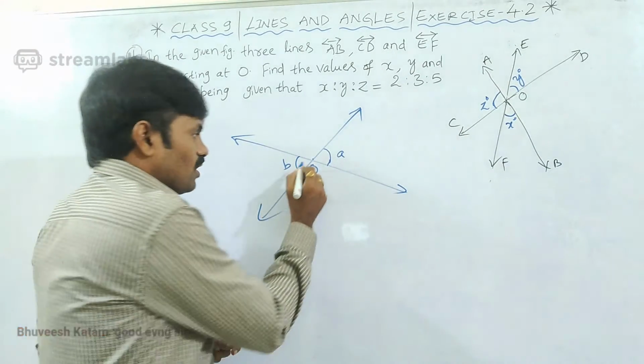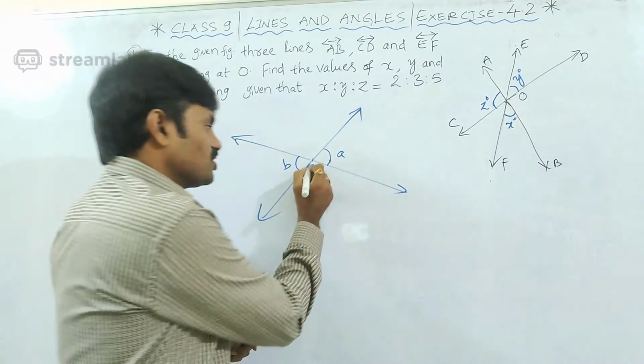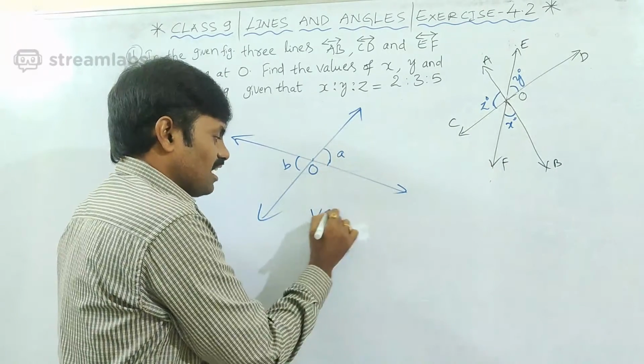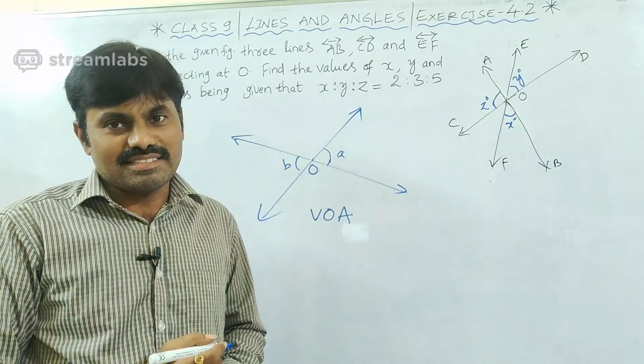See, these two are opposite to each other with respect to the common vertex. So we call these two angles vertically opposite angles.